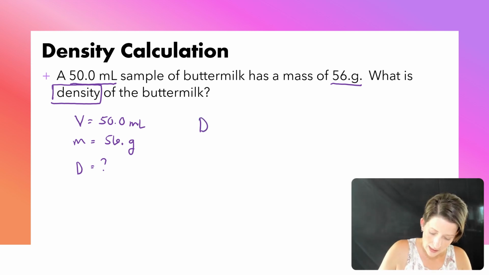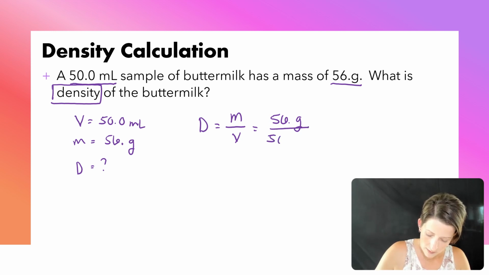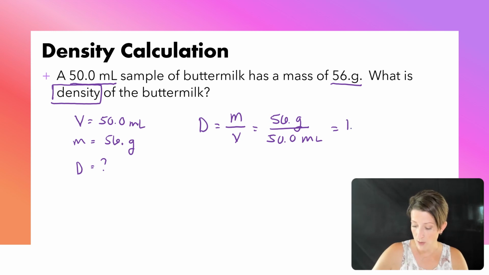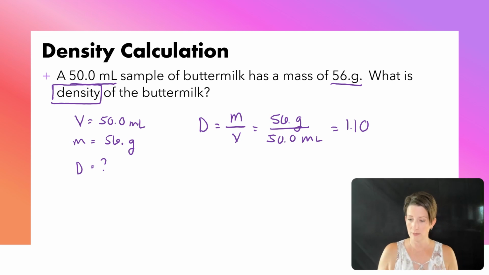Density equals mass divided by volume. Plug in my values, 56 grams over 50.0 milliliters. And solving for that number, I am going to get 1.10. I'm going to double check that.